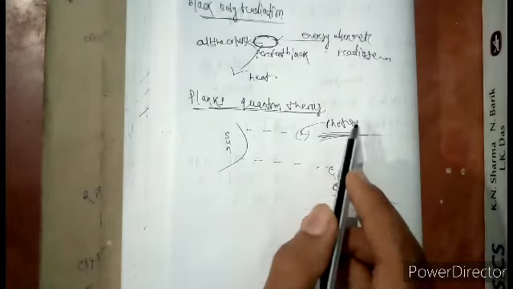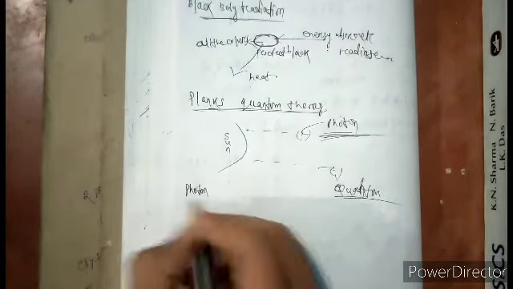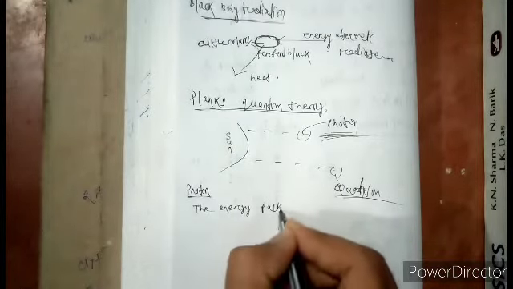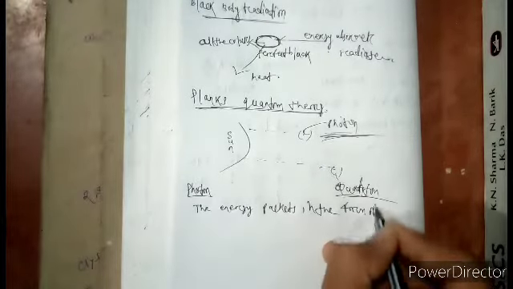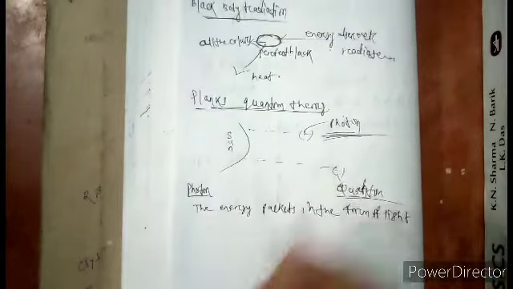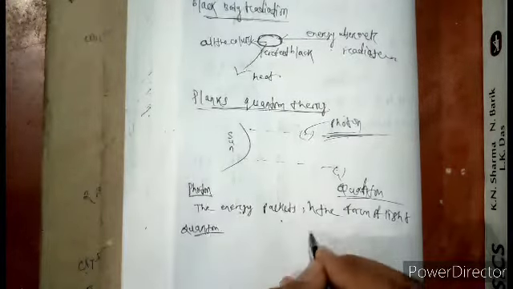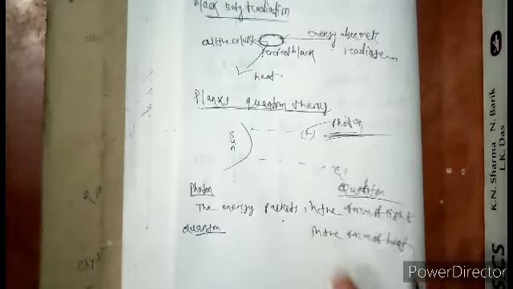The energy packets in the form of light are called photons. The energy packets in the form of heat are called quanta.